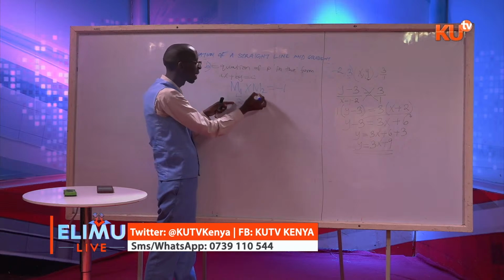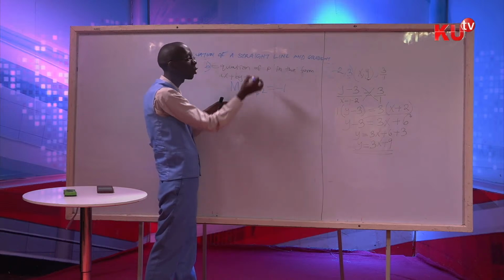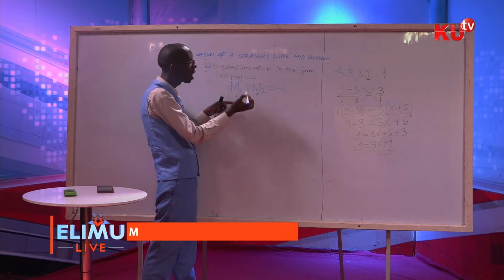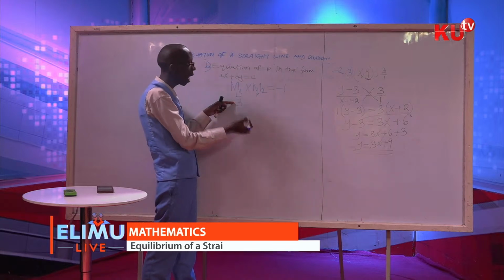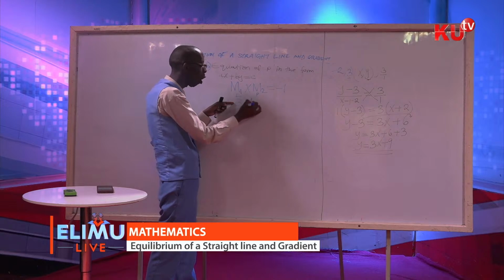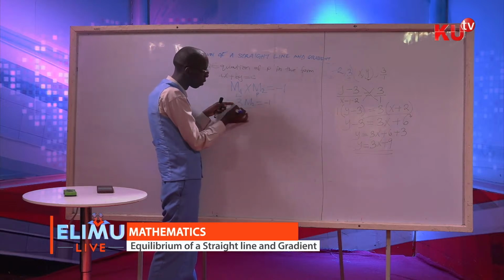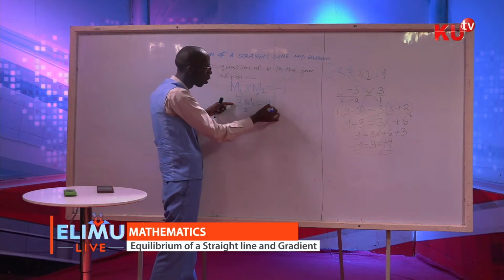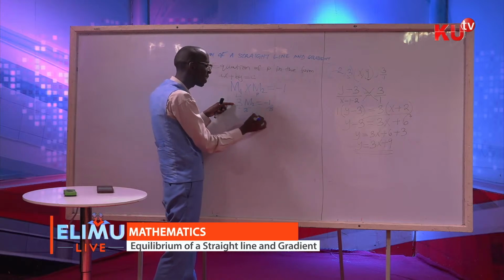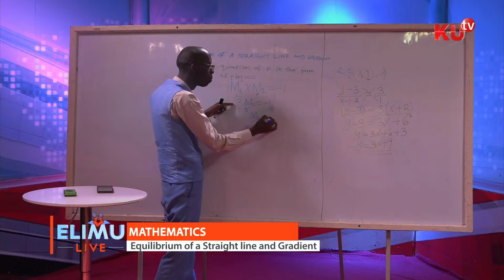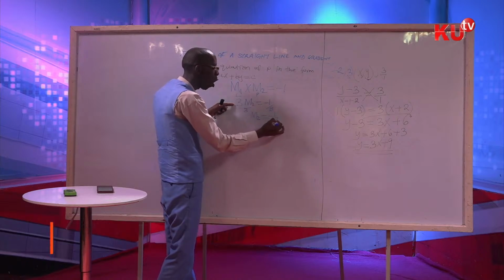So the gradient of L was 3. We need the gradient of P, which is perpendicular to L, because if P is perpendicular to L, m1, the gradient of L, times the gradient of P that we don't know should give us -1. You divide both sides by 3, and the gradient of P will be -1 over 3.